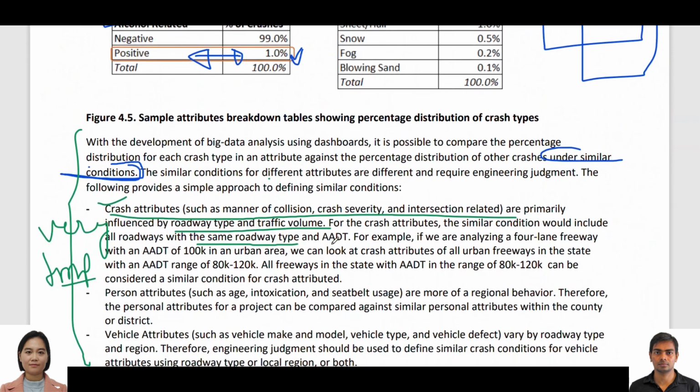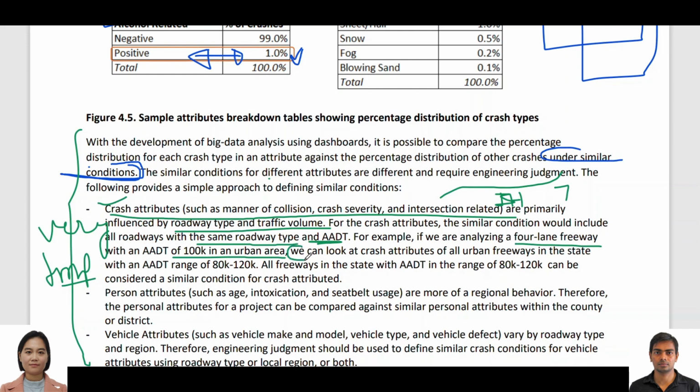This is the roadway type, and ADT. So let's say we are analyzing a 4-lane freeway with an ADT of 100,000 in an urban area.